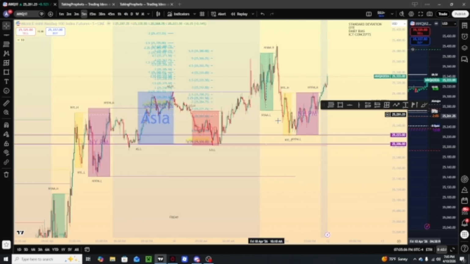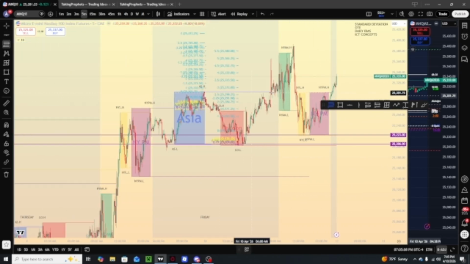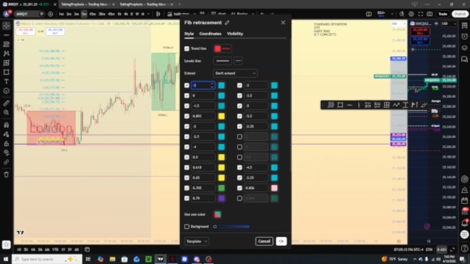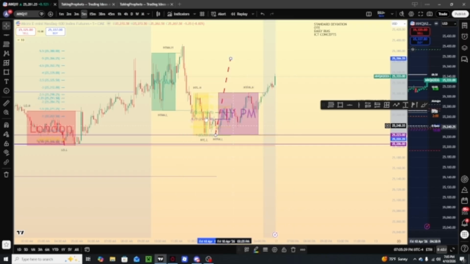Very simple. Use the Fibonacci. Here are my OTE settings right here. Focus normally on the 0.5, the 0.65, and the 0.705, okay? Any other part of it is just very deep retracements.